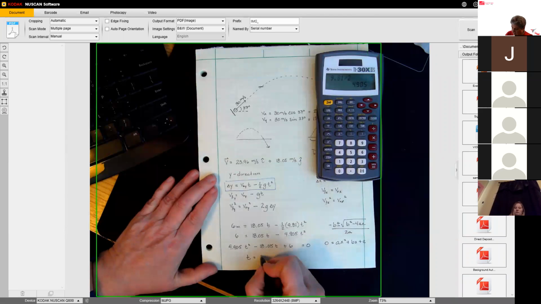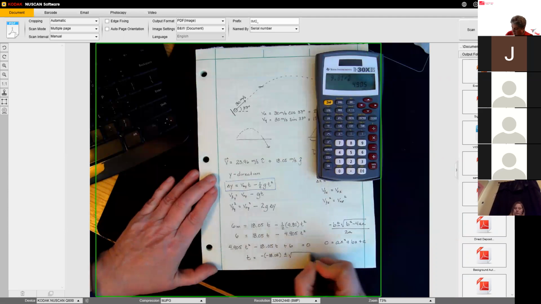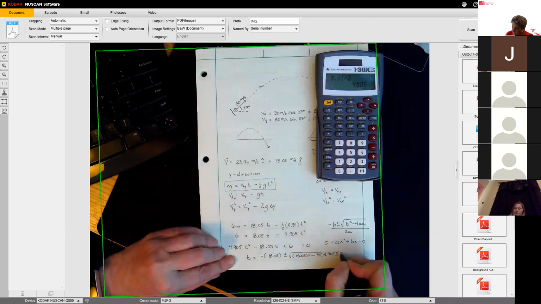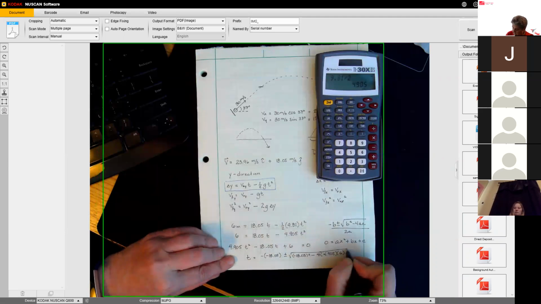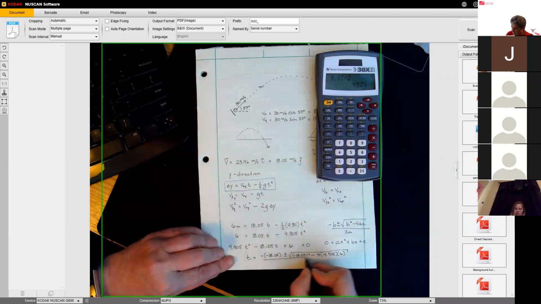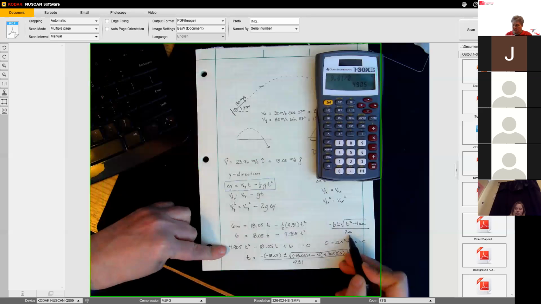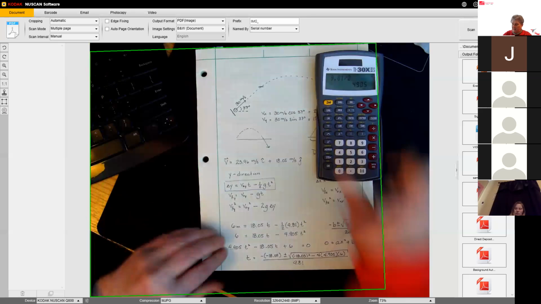So I'm going to have a minus 18.05 plus or minus the square root of minus 18.05 squared minus 4 times 4.905 times 6, all divided by 9.81. Because 2a is 4.905 times 2, that's 9.81. So I have it right there.